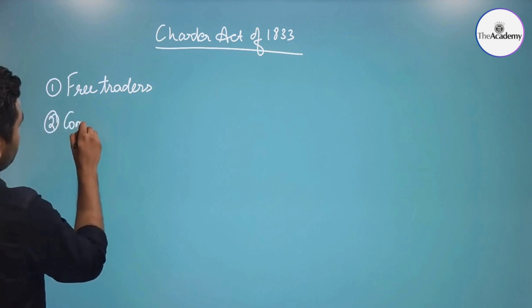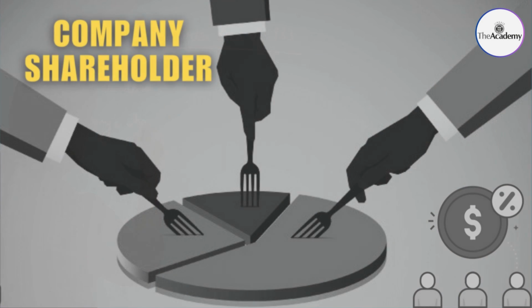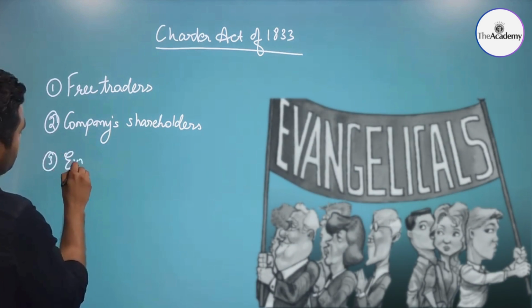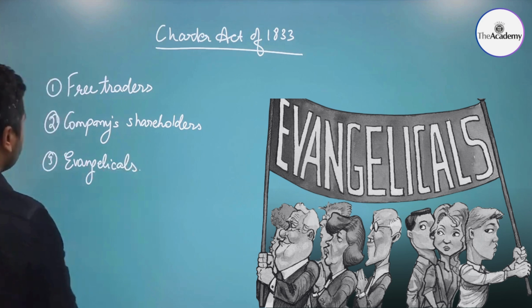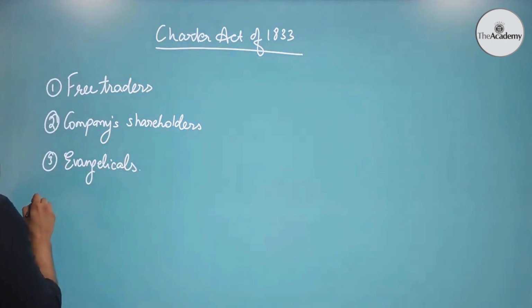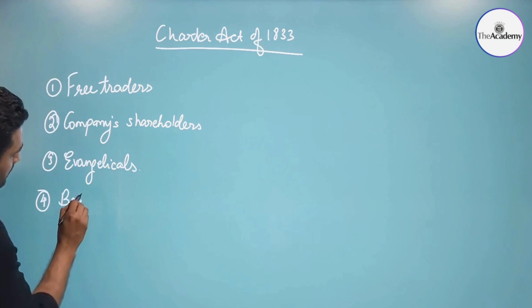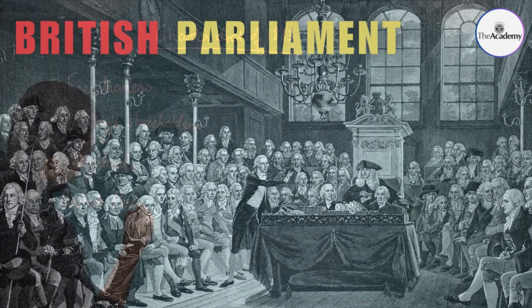Second, there were companies' shareholders. Third, there were evangelicals. And we also see that there was also a certain form of necessity of the British Parliament with respect to administration.